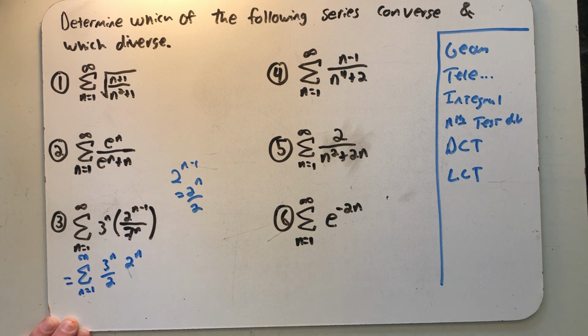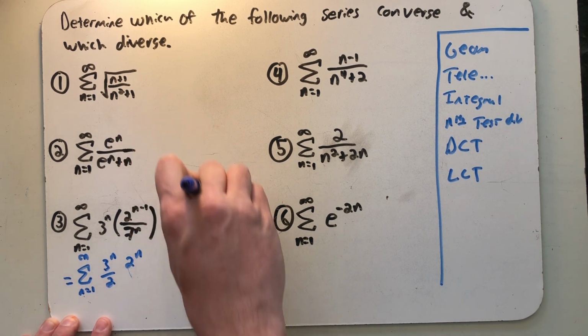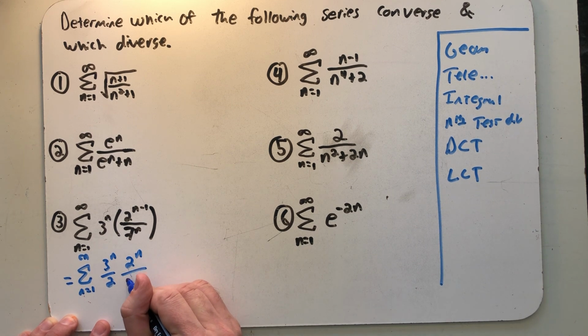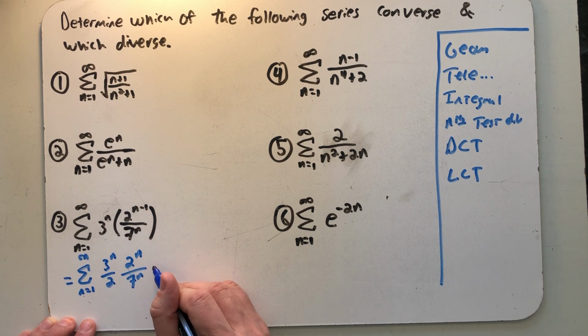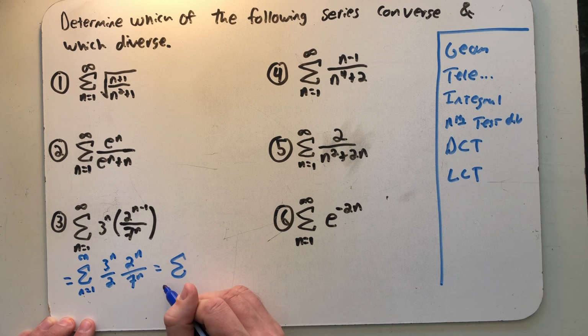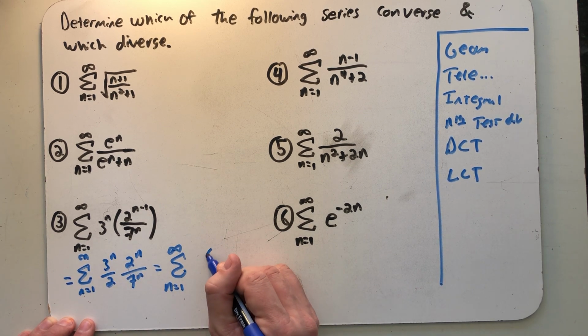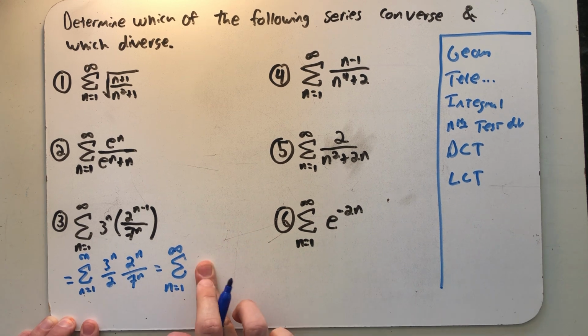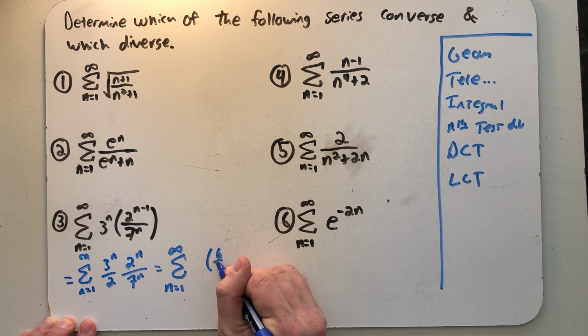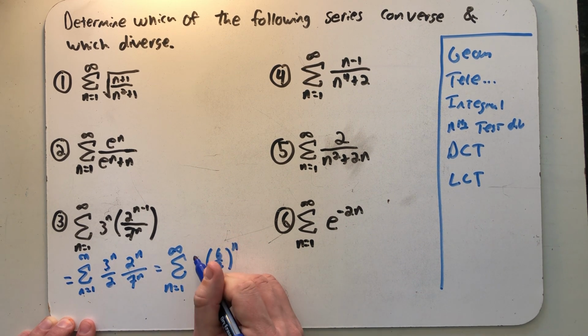Right, and that way everything's being raised to the nth power. And that lets me rewrite this as a 6 to the n over a 7 to the n. So I'm just going to call that 6/7 to the n power times that 1/2.